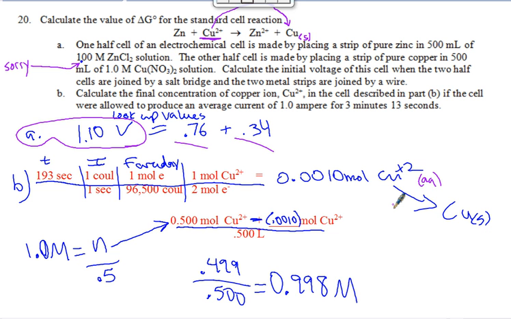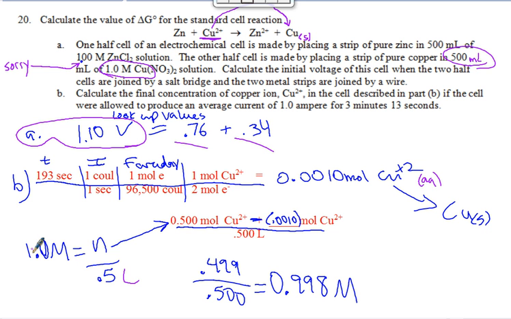So how many moles of copper did we have initially? Initially, we had a 1 molar copper solution, and it was 500 milliliters. So 0.5 molarity is moles over volume, so 0.5 times 1 gives me how many moles of copper were in there.